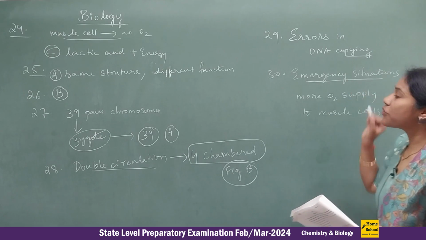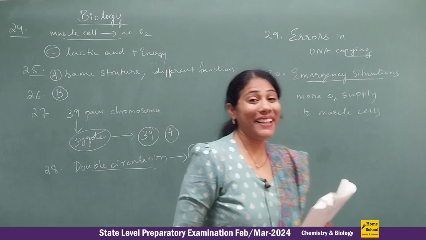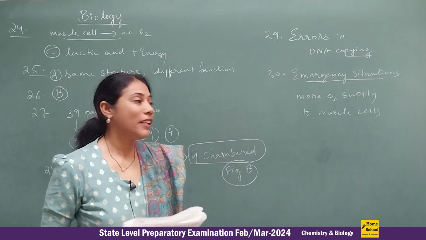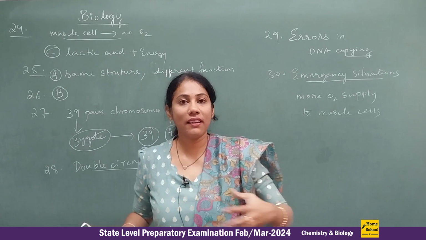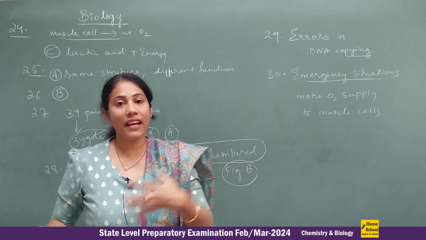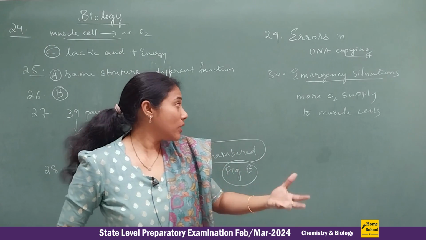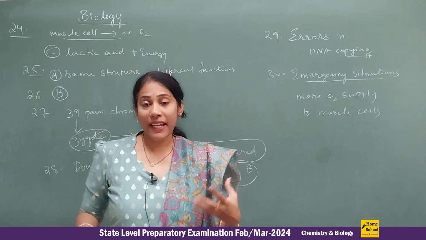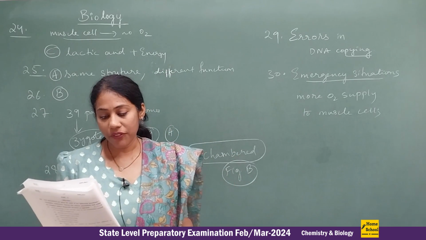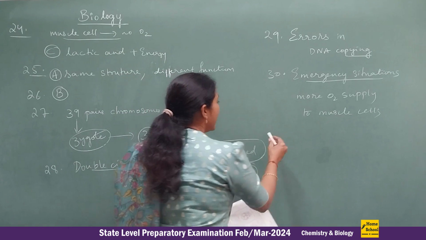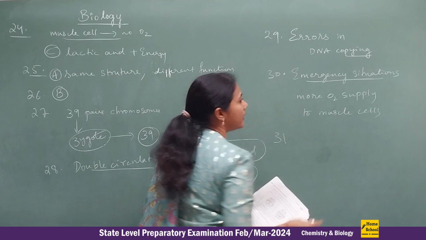So that's why it is also called the fright and flight hormone, isn't it? When more oxygen is supplied to muscles, our legs can run faster than normal, so that we get protected from emergency situations. Yes or no?